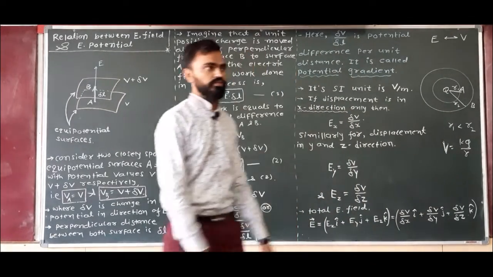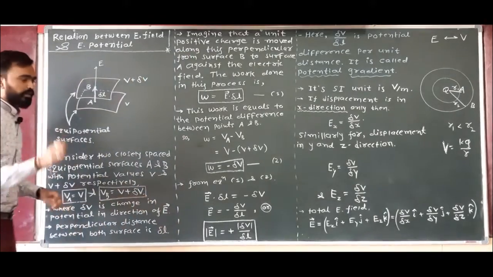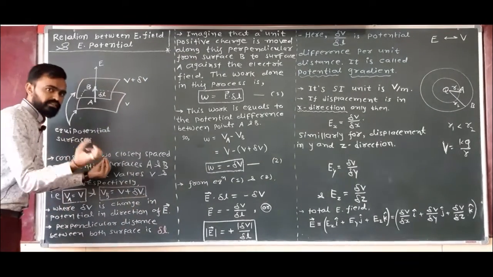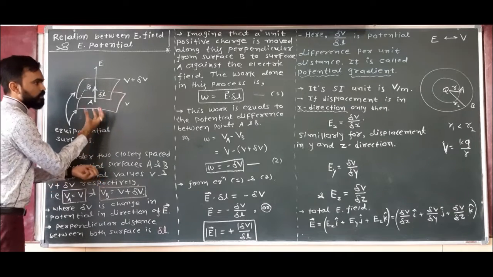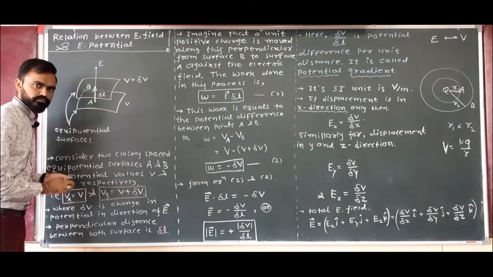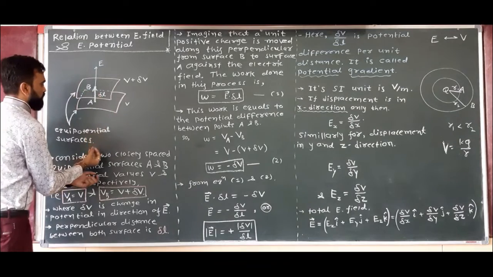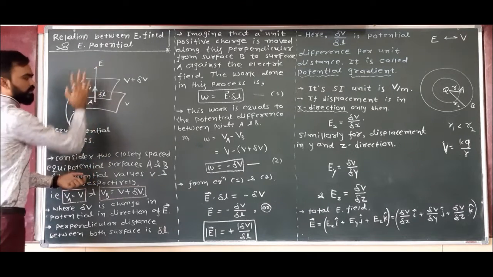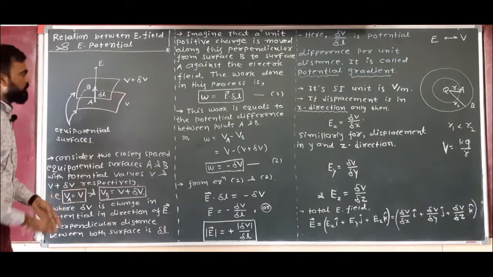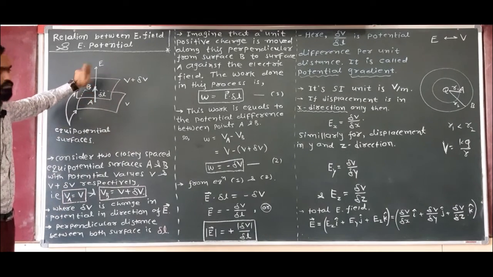Okay, let's assume charges are arranged somewhere here, and due to those charges the electrical field is prevailing in all directions. Let this electrical field line pass through these two equipotential surfaces in this manner. This is the electrical field direction.